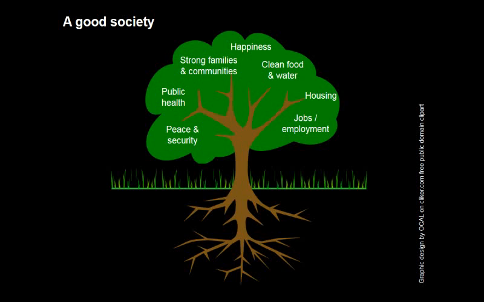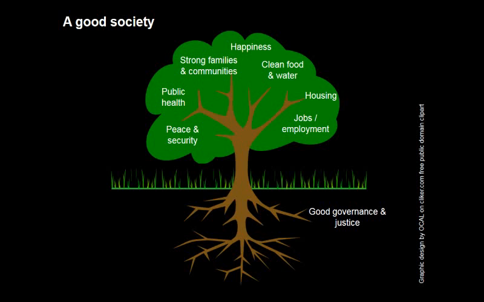Okay, those are the goals, but now let's look at the roots. What sustains them? This is where I'd like to bring in good governance and justice. If you think about those goals as a tree, all of those things that we want, we've got such a massive population now, such complicated societies.